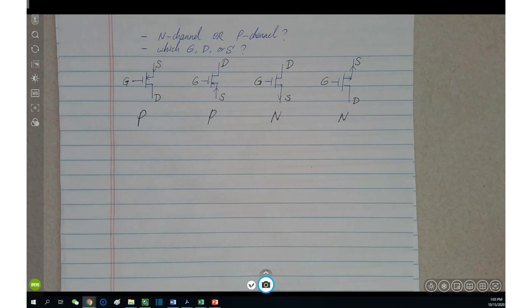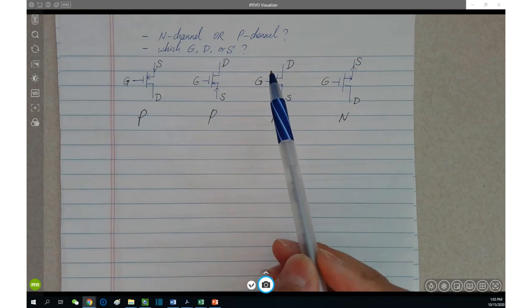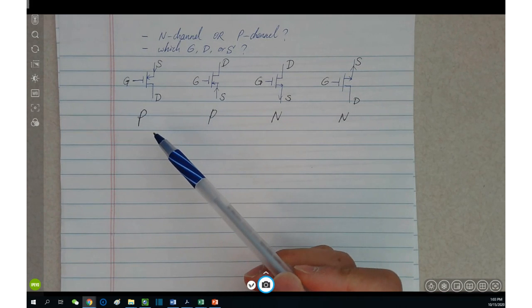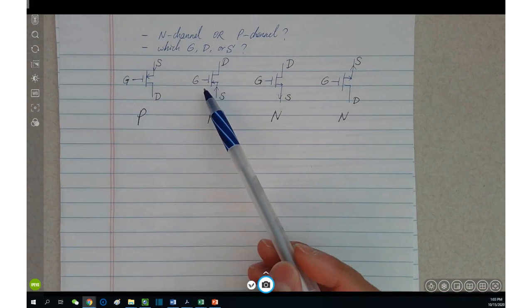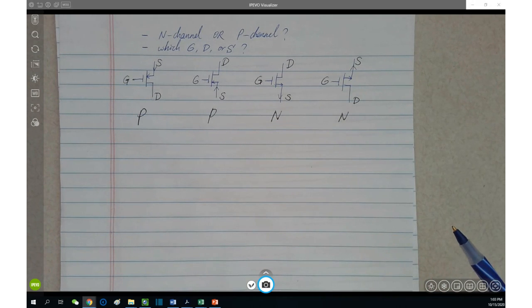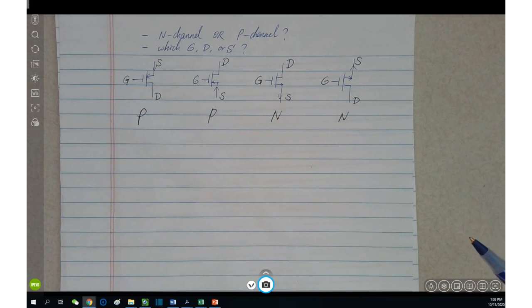And for the terminals, the gate is fairly easy to identify. However, for the drain and the source, the difference is the terminal which has the arrow on it, no matter its direction.